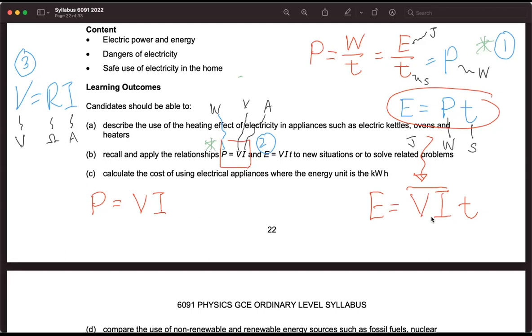So this is the first formula you need to derive from P equal to VI. Can you see in part B, there's the second formula here, E equal to VIT. This formula I did not highlight because all of you should be able to derive it, because you already know Formula 1 and Formula 2.